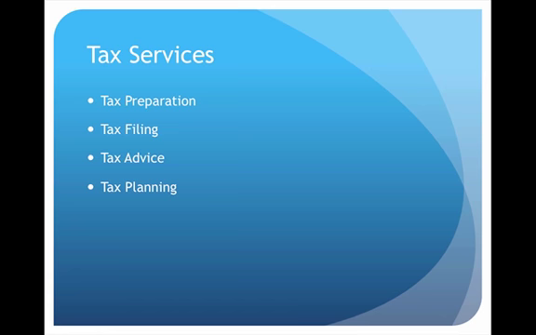So you could go to an accountant, and an accountant could provide some advice and tell you maybe a better way of doing something that would benefit you in terms of taxes. And also tax planning, looking ahead to the future, looking at decisions that you might want to make in life and helping you decide the best time to do those things. So that's an area that perhaps is not as obvious.